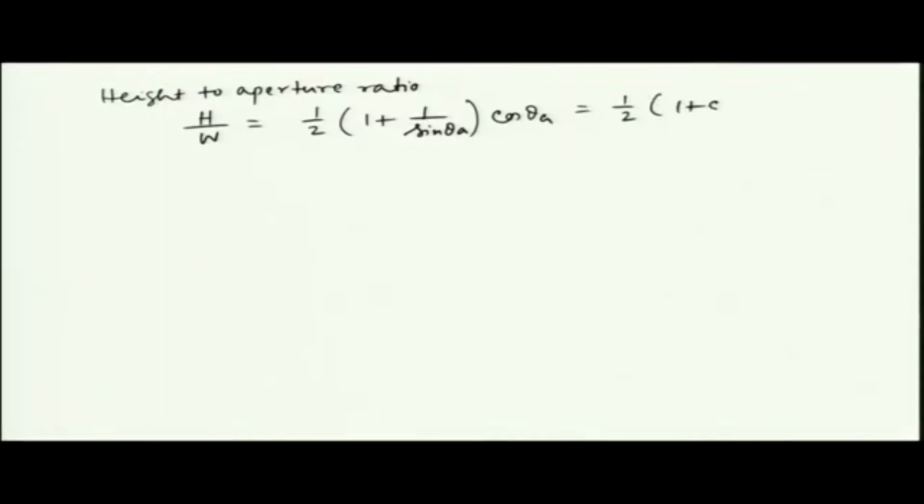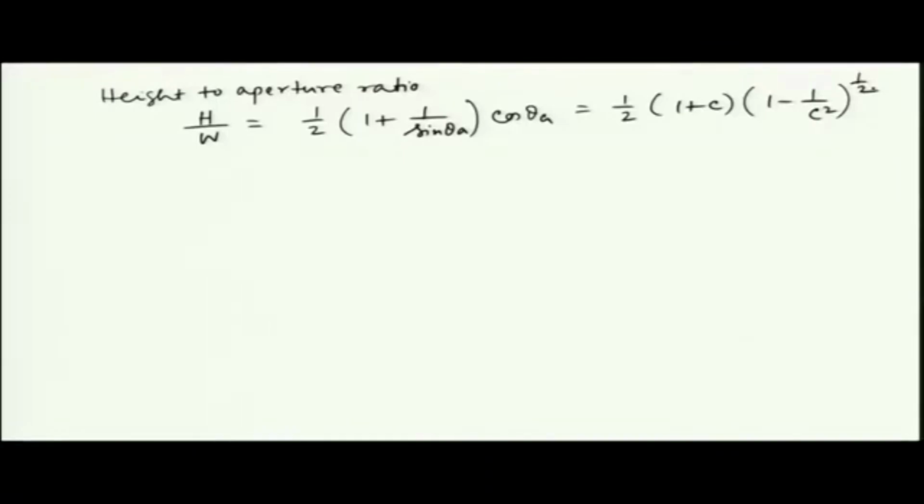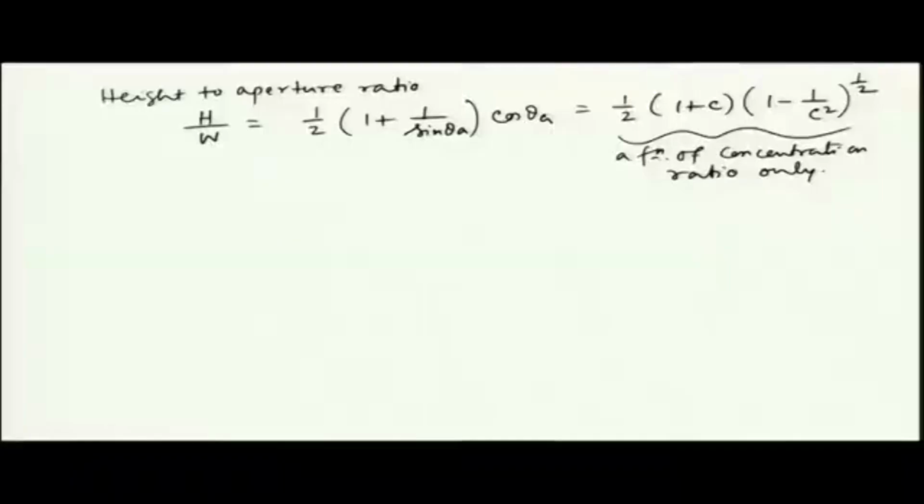So, 1 plus C, and this cos theta A you can write in terms of sin theta A by 1 minus sin square theta A, and that is how you can write this as the concentration ratio. So, this you can see here that this is a function of concentration ratio only. Okay. So, whatever concentration ratio you want, that will determine what will be your half acceptance angle and what will be your height to aperture ratio.